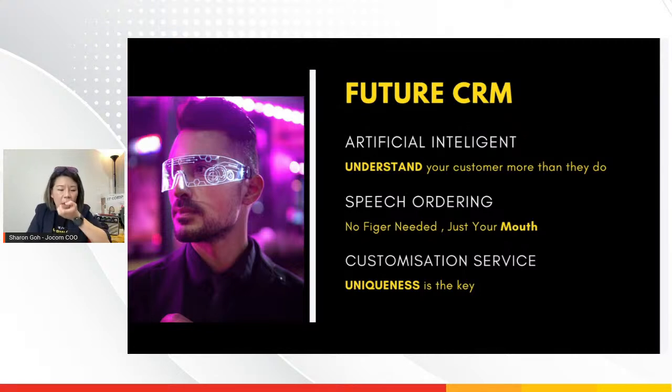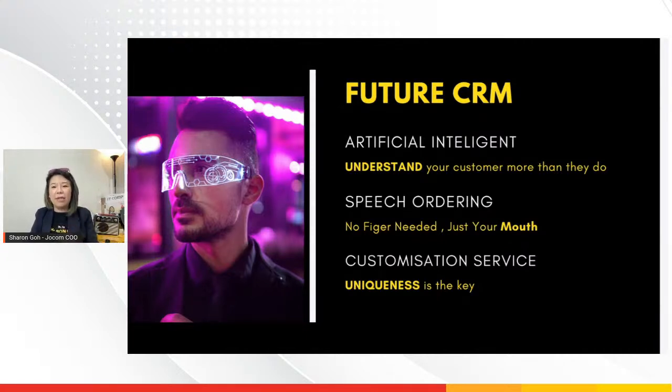You just need to press, and say probably yellow clothes or yellow t-shirt, short sleeve. Pop, the product is out already. Trust me, this is coming. Sooner or later, your finger is no longer needed. What you need is just your mouth. Then another one is customization service, which is uniqueness in the business for future business.